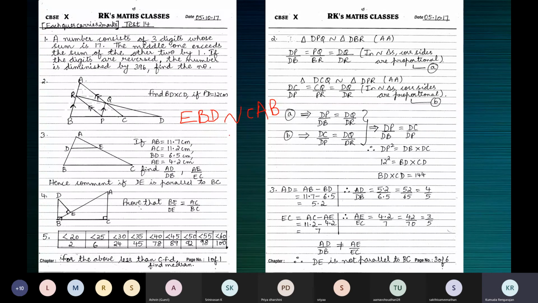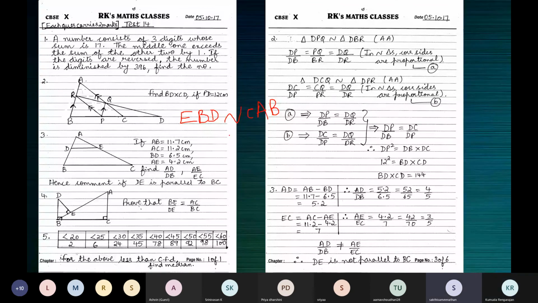So next, by proportionality, EB by CA is equal to BD by AB is equal to ED by CB, ma'am. Very good. So we get BD by ED is equal to AC by BC because in similar triangles, corresponding sides are in proportion.